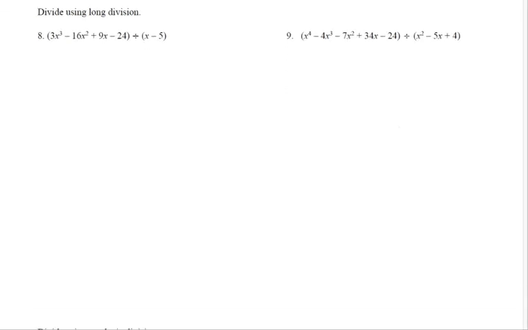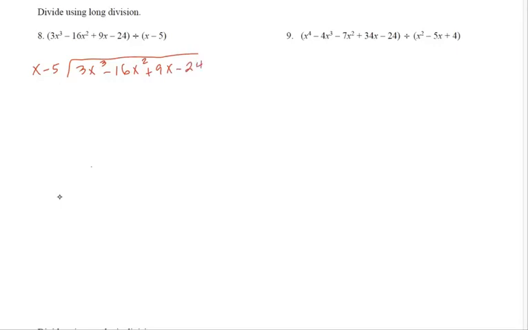All right. Now we get to some division. We'll do some long division first, and then we'll look at synthetic division. So number 8 is long division. I'm dividing x minus 5 into 3x cubed minus 16x squared plus 9x minus 24.